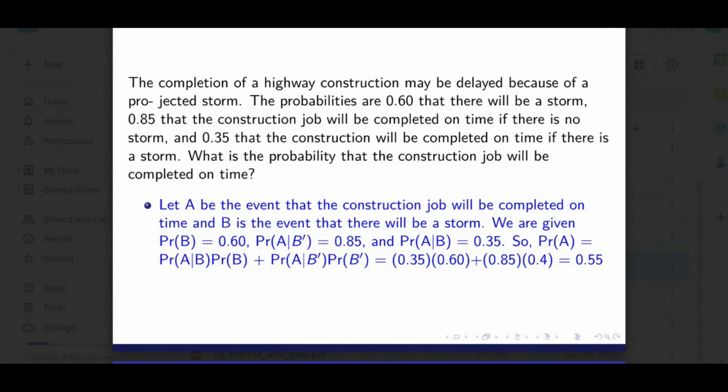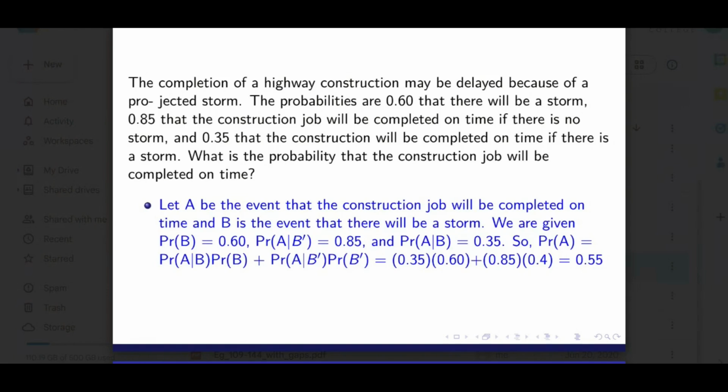Let me ask you a question though. The way the information is given to you, when you draw the tree, I want to stress this. Whenever you draw a tree, you need to start with an event that you are going to condition on. Should I condition on project is completed on time, and then storm given project was completed, or should I start my first branch of the tree with storm, no storm?